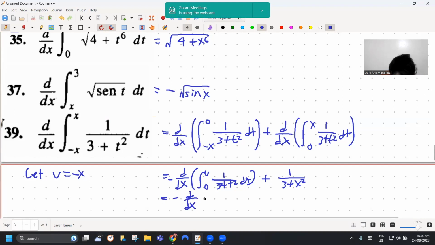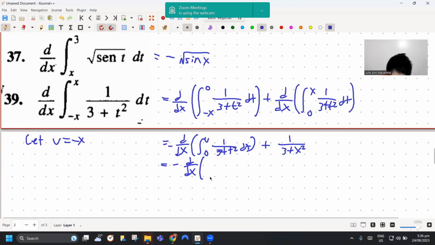So negative, and using the chain rule, hindi siya d dx. Remember, yung derivative with respect to x becomes derivative with respect to u of that integral times du dx.